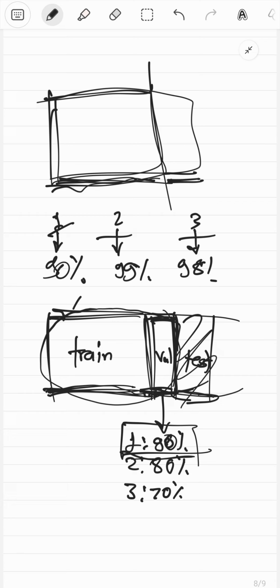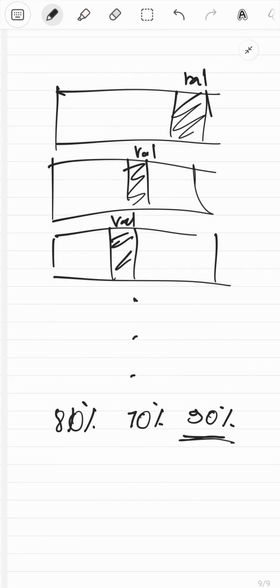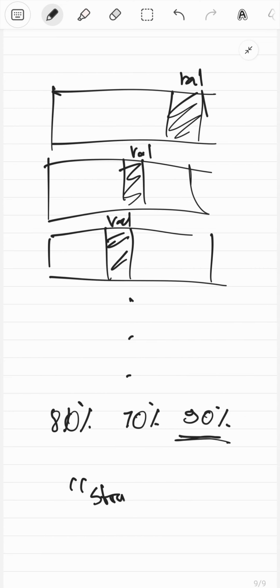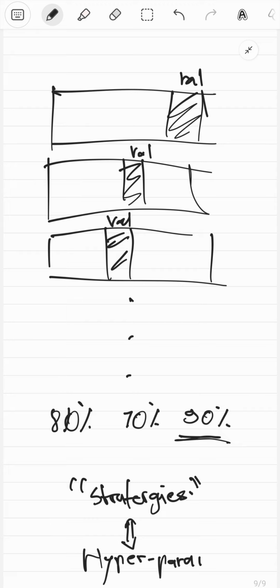So we are finding the mean value of the metric for different strategies, and what I should be saying is different hyperparameters, right? Then with these mean values of the metrics, you figure out the best hyperparameter and you use that on the test data set.